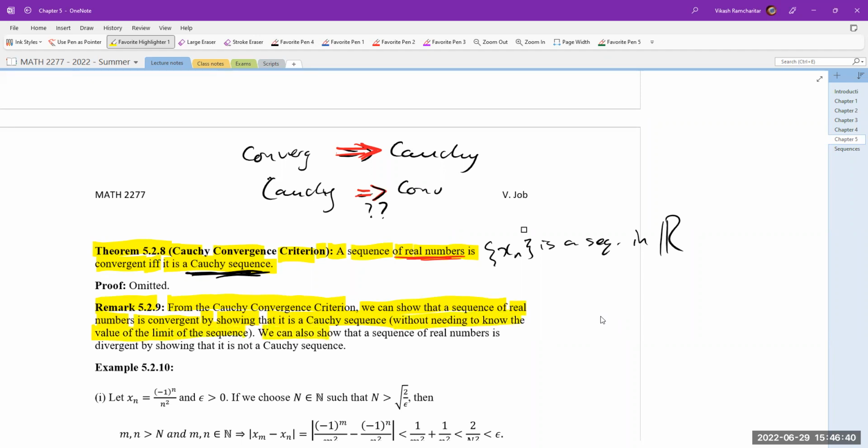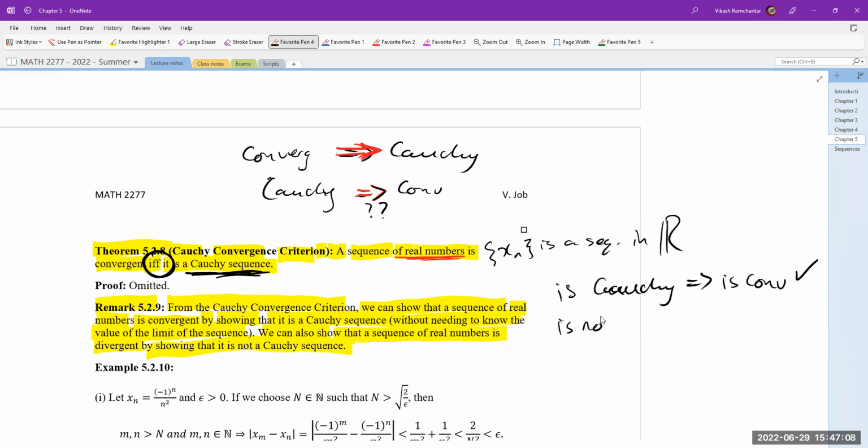And we can also show that a sequence of real numbers is divergent by showing that it is not Cauchy. Okay, so remember this is an if and only if statement. So if your sequence is Cauchy, it is convergent.